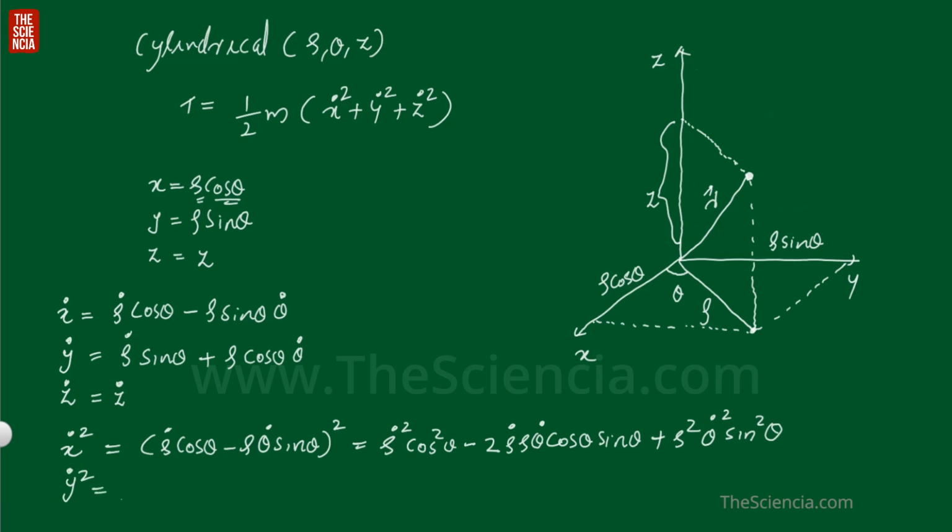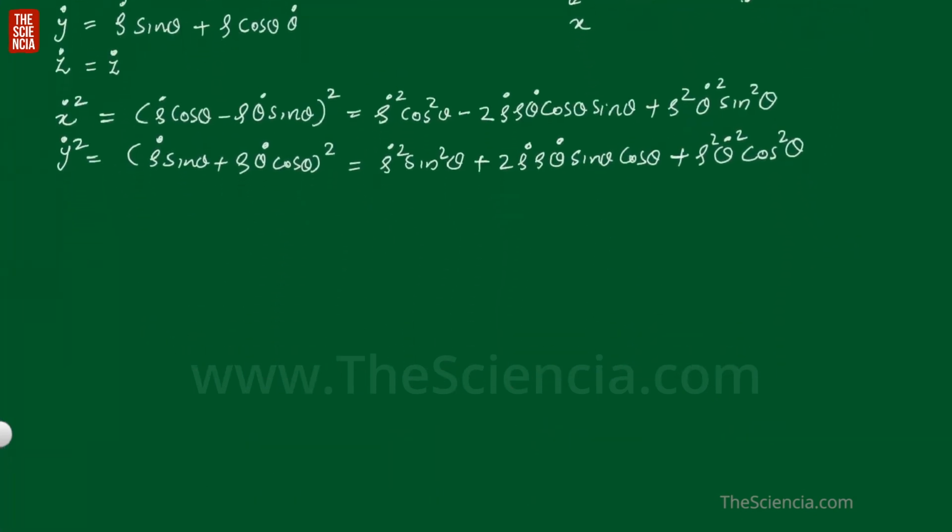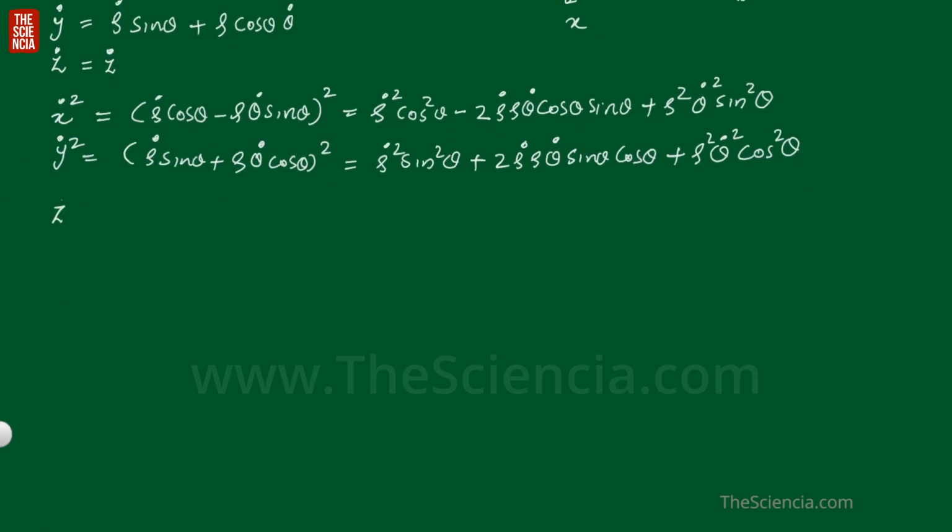It is (rho dot sin theta plus rho theta dot cos theta) all square, which equals rho dot square sin square theta plus 2 rho dot rho theta dot sin theta cos theta plus rho square theta dot square cos square theta, and z dot square is z dot square.